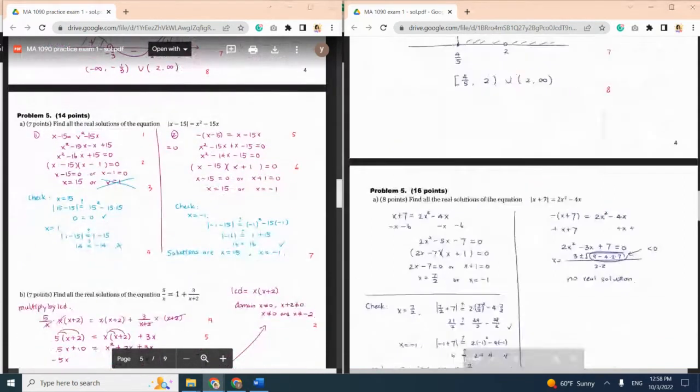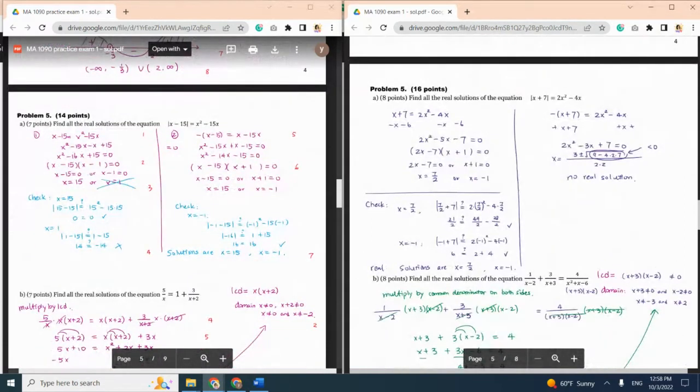So the next problem is solving an equation involving absolute value. The step, you put a line there. On the left-hand side, you just get rid of the absolute value. On the right-hand side, you replace the absolute value by the negative of whatever is inside the absolute value.